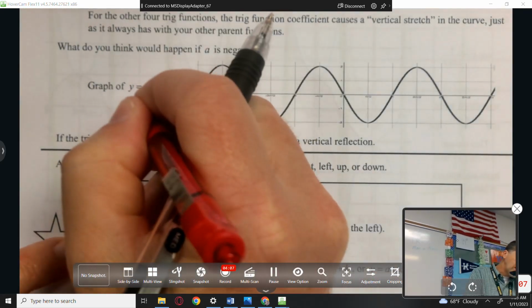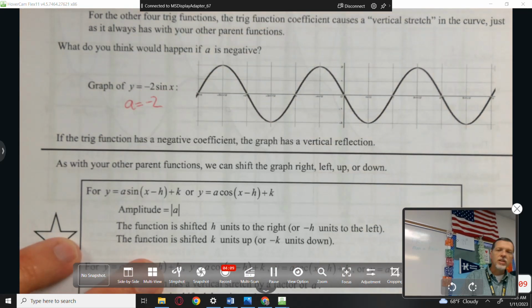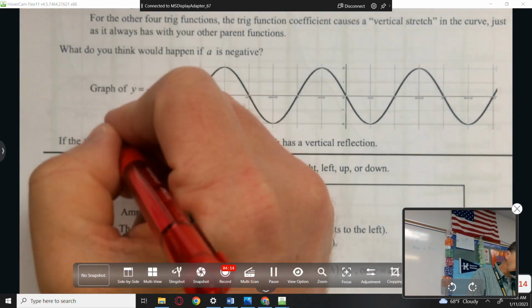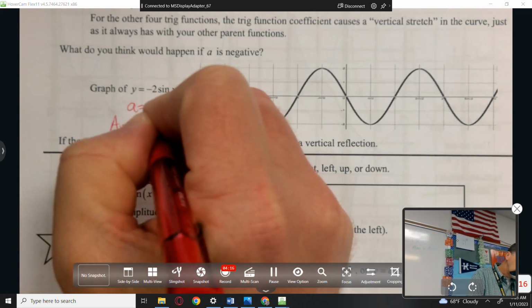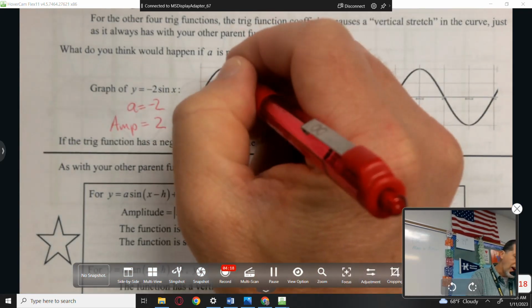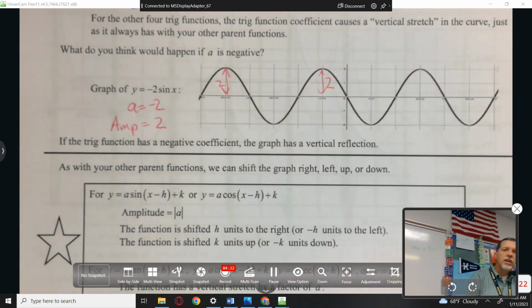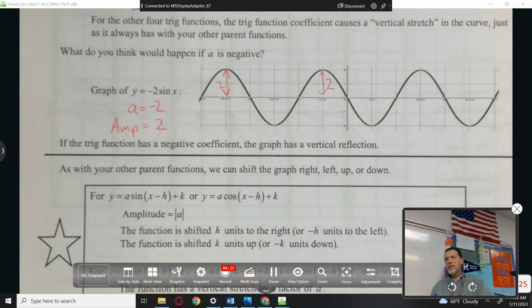So a is negative 2, little a is negative 2. That flipped the graph, but amplitude is still 2. Like the height of the graph above the middle is still 2. So be careful with amplitude. Amplitude's always positive.